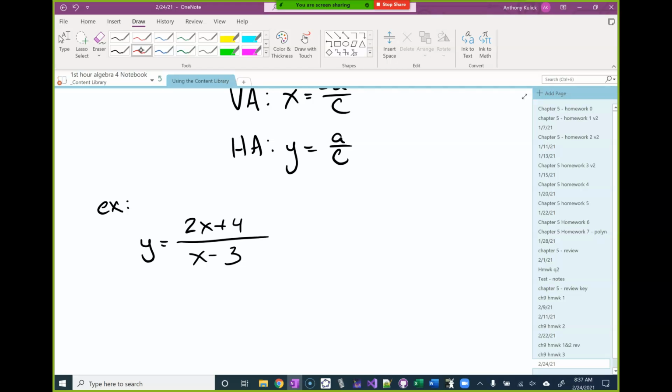All right. So first step is to figure out my vertical asymptote. Notice here that my c is 1 and my d is 3, or sorry, negative 3.